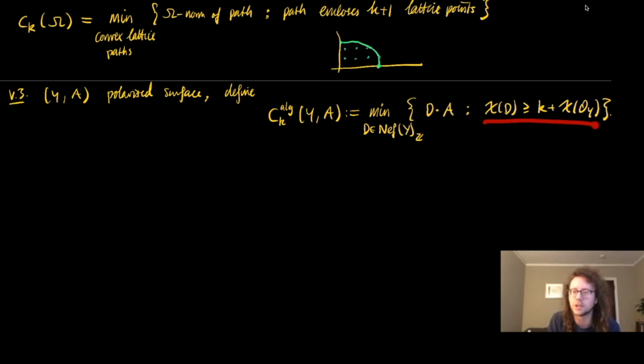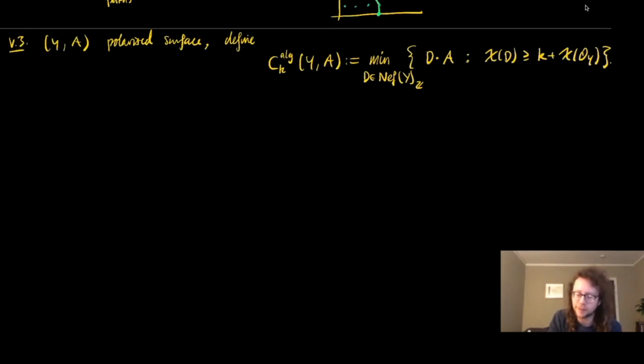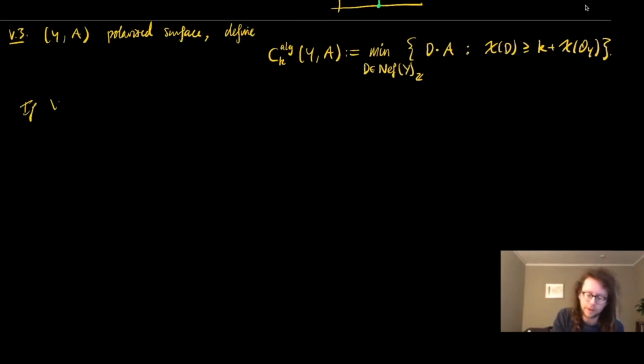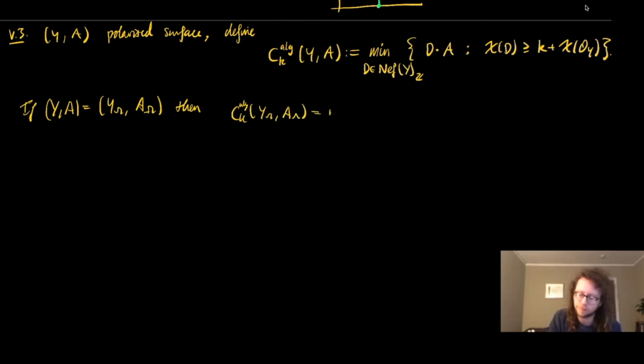And then this condition is essentially saying that with big enough moduli, to make it a little bit clearer, if YA is in the situation that we care about, is toric, then ck alg of y omega a omega is the min over nef divisors of D dot A omega, such that we have Kodaira vanishing, and so chi is just h naught.